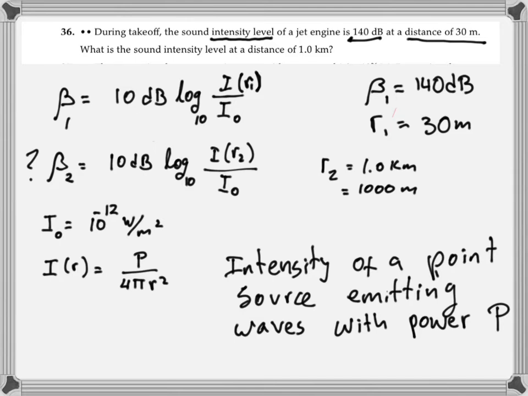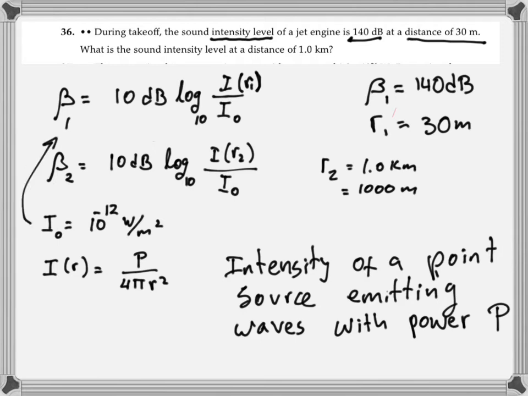As you move away from the source, the intensity of the sound decreases as the square of the distance. This is a valid approximation here because the size of a jet engine is much smaller than the distances involved, 30 meters and 1 kilometer, so the jet engine can be considered a point source.